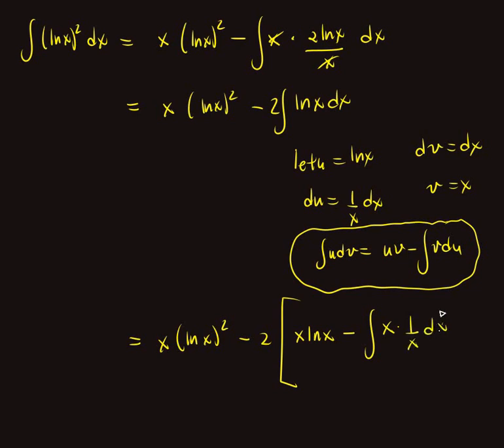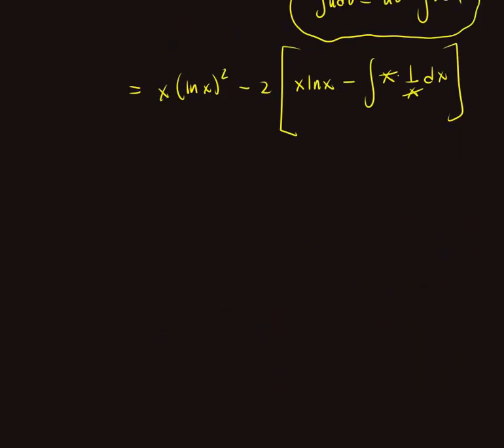And look what's happening here. x and x cancel, and then you have only the integral of dx. Let me roll this a little bit up. Now, doing that, you will have this. Let's keep going with this one. This one is going to be x natural log of x squared minus 2x natural log of x, and then the 2 and the negative 2 is going to be plus 2.